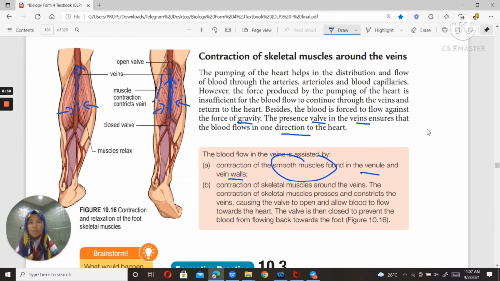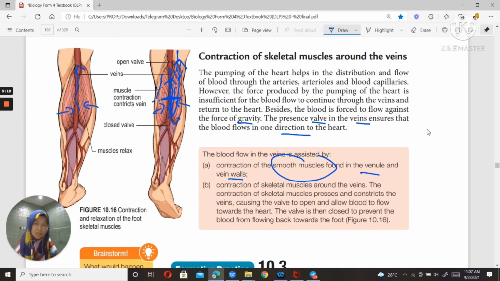So the valve will open and allow the blood to flow towards the heart. And the valve will close to prevent backflow of the blood towards the foot. So darah ni, bila dah kembali kepada jantung, valve akan tutup lah untuk prevent backflow.